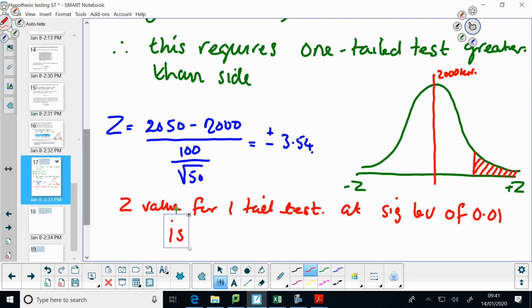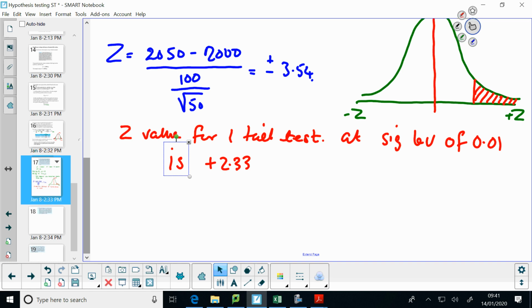So what was that Z value for level of significance of 0.01? In this case we're only interested in the positive side. You looked at the one-tail test there, yeah? Alright.